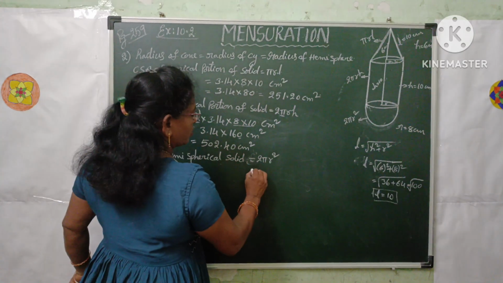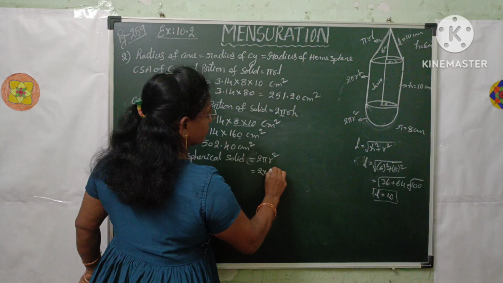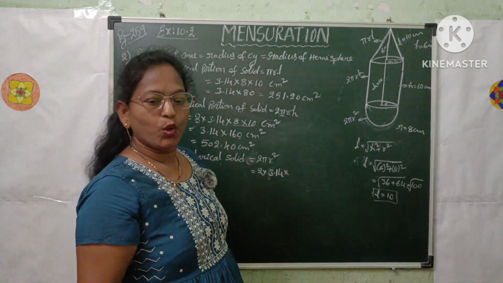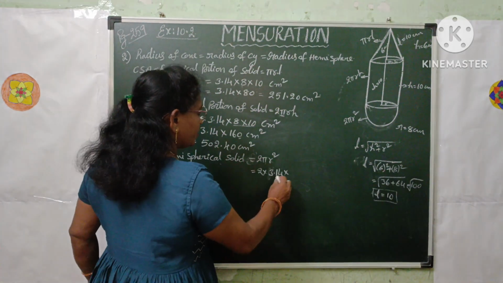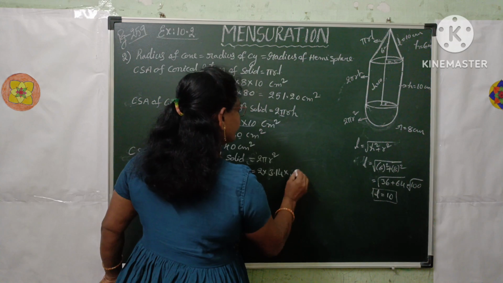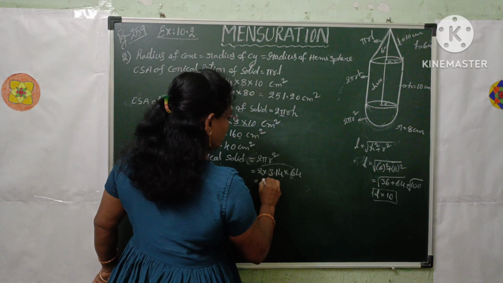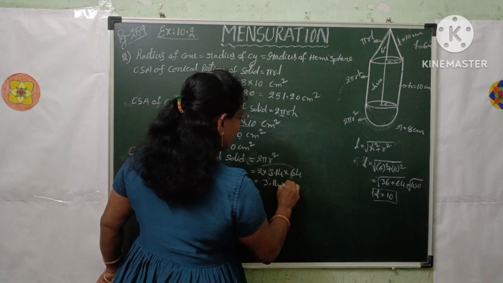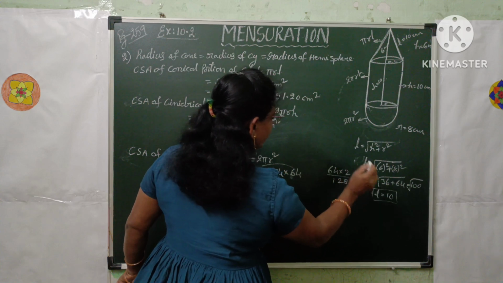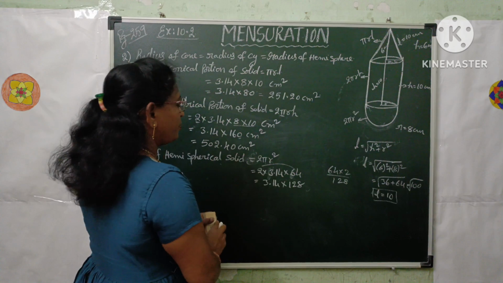Now that is equal to 2 into 3.14 into r square, which means 8 into 8. 8 8 is 64. Directly I am writing. Again multiply these two: 3.14 into 64 into 2, that is 128.